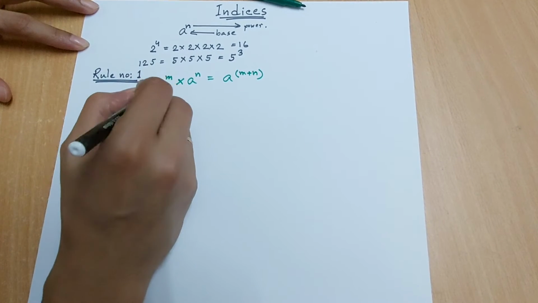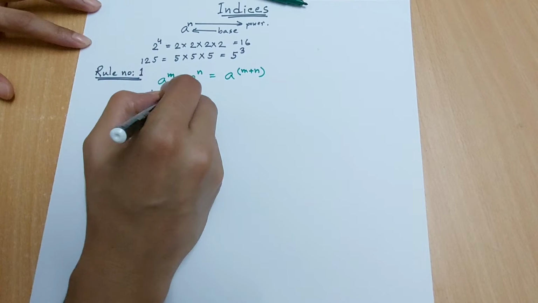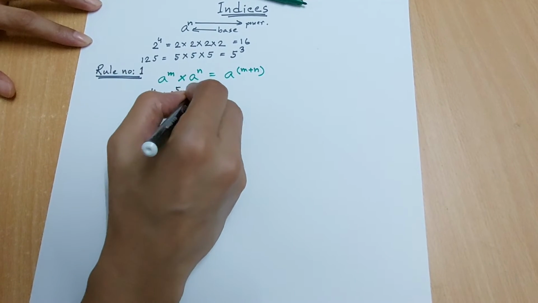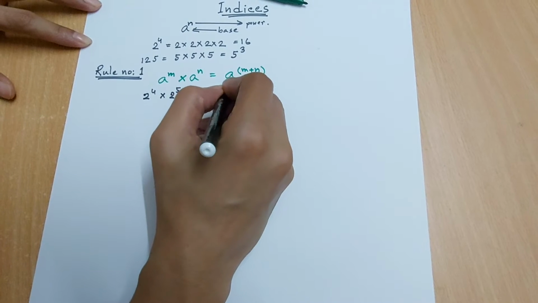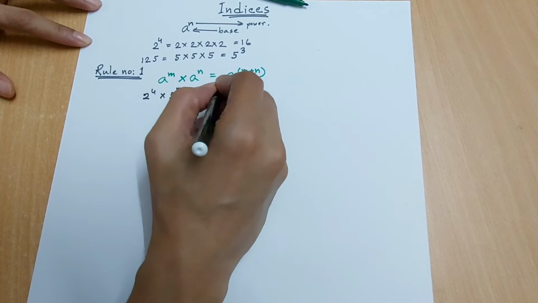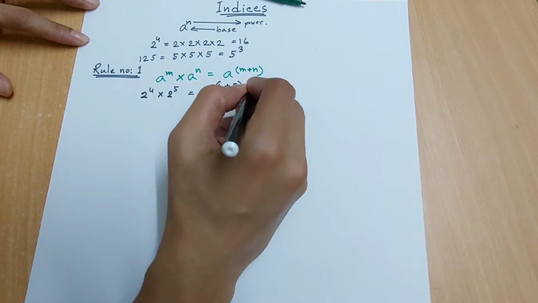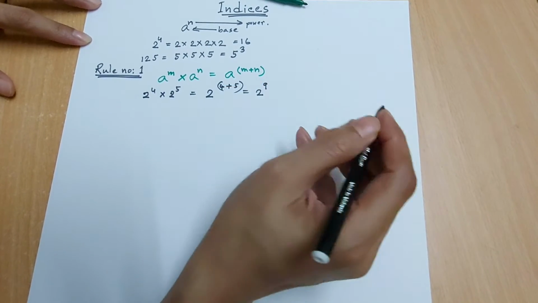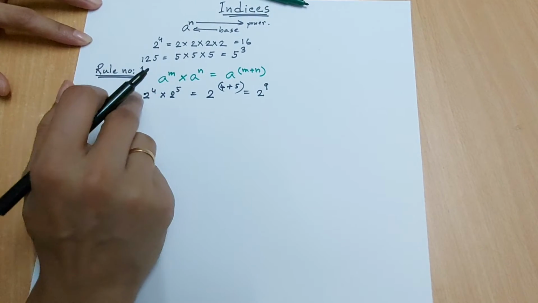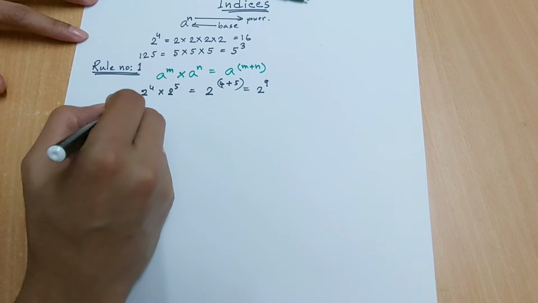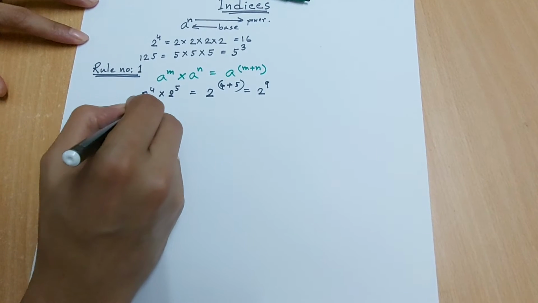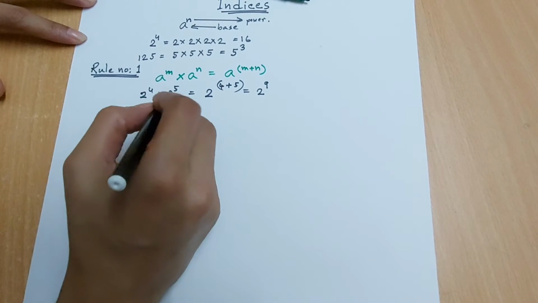2 power 4 into 2 power 5 equals 2 power, the powers will be added together, equals 2 power 9. Here in 2 power 4, 2 is multiplied by itself 4 times. Let me show how it is happening.